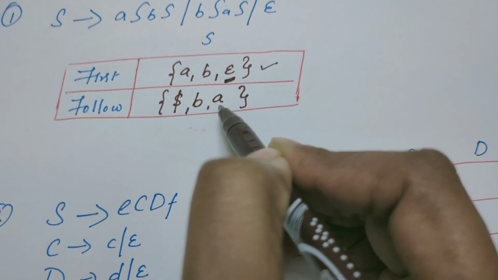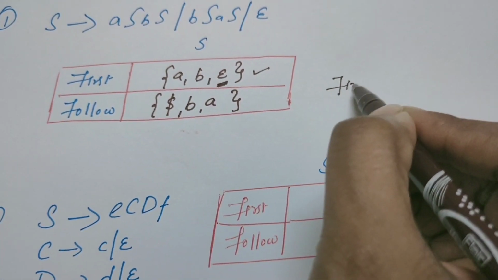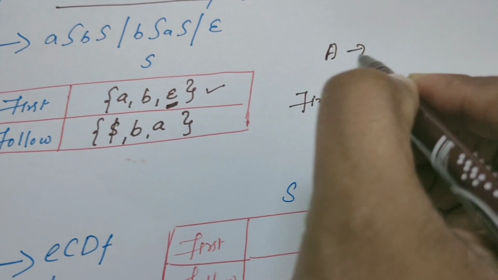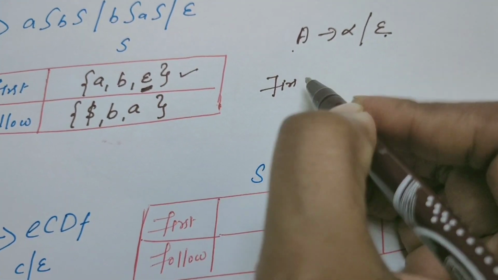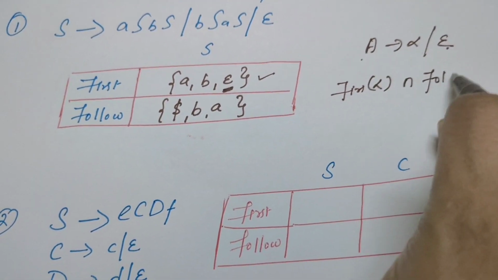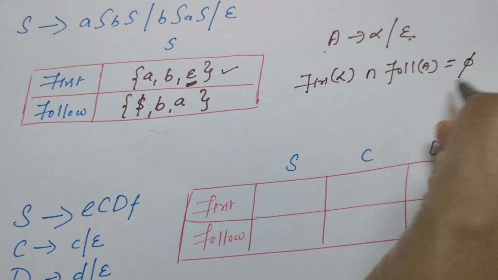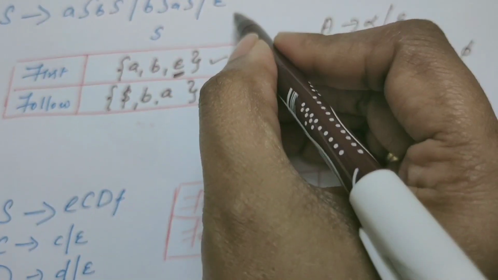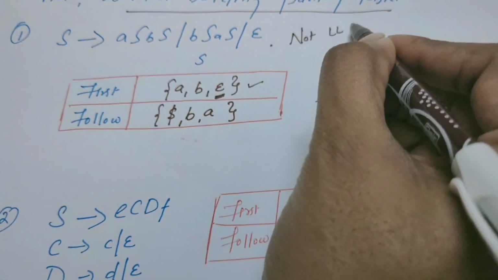Follow of S also contains A and B. So the second condition says that if you have the rule A derives alpha or epsilon, and A derives epsilon, then first of alpha intersection follow of A should be null. But this condition fails. So the given grammar is not an LL1 grammar.